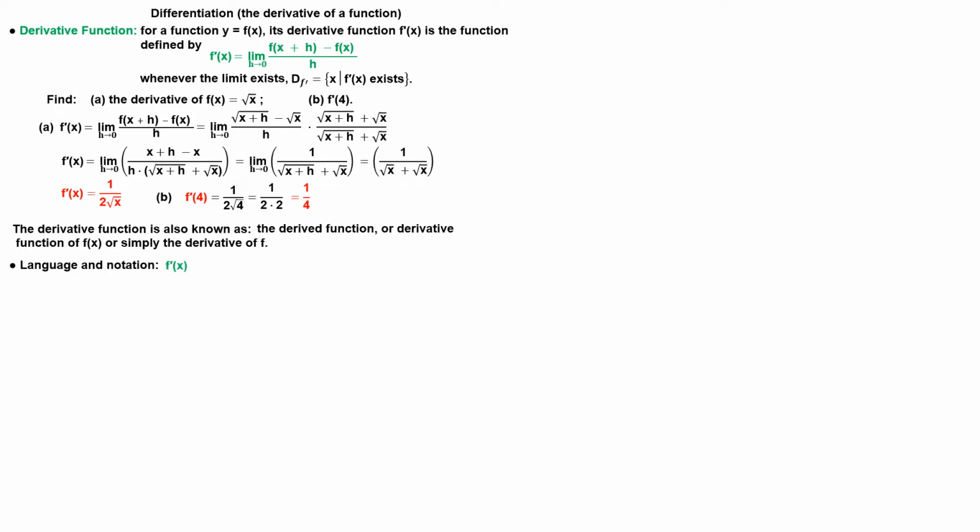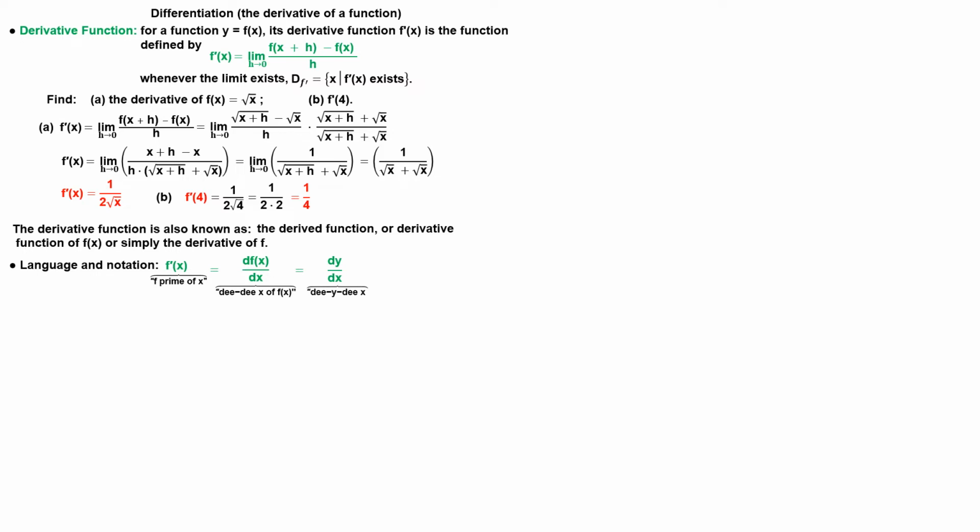The most common ones are: this notation is read as f prime of x. This notation is read as d dx of f of x. This notation is read as dy dx.